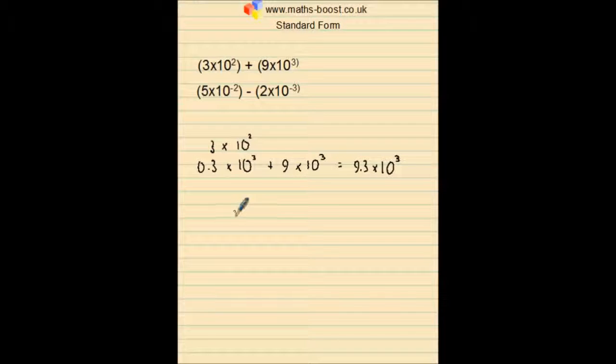So I'm going to make them both the larger term, and actually, as we know, the larger term is going to be to the minus 2. So I'll keep that as it is. What would this become?